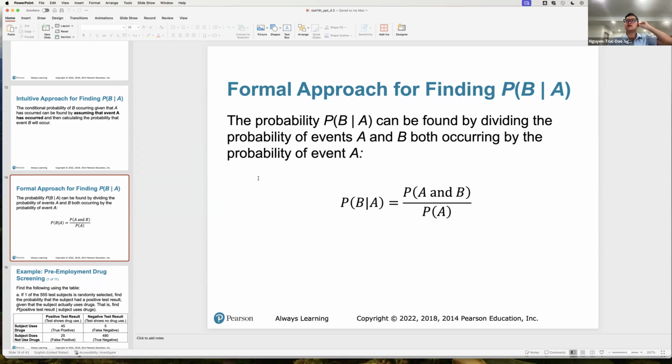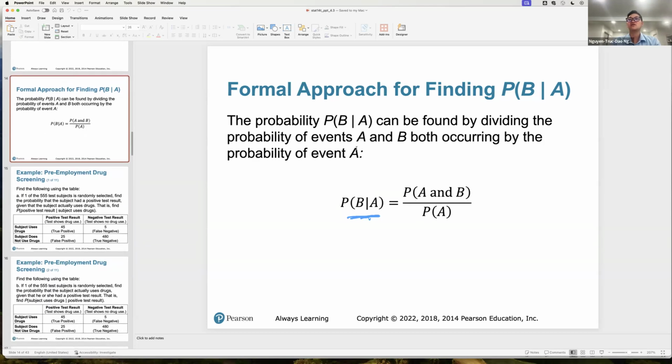In this case, you can use the formula: the conditional probability of event B occurring given that event A has already occurred equals P of A and B divided by P of A.